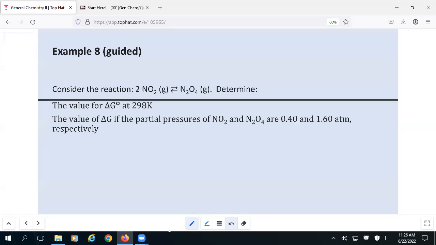And honestly, we'll do a lot more with that kind of manipulation as we get into tomorrow and Friday, talking about electrochemistry, because a lot of electrochemical systems, which again, electrochemistry is just an application of thermodynamics to redox reactions.